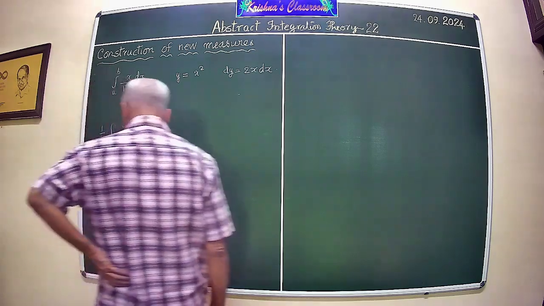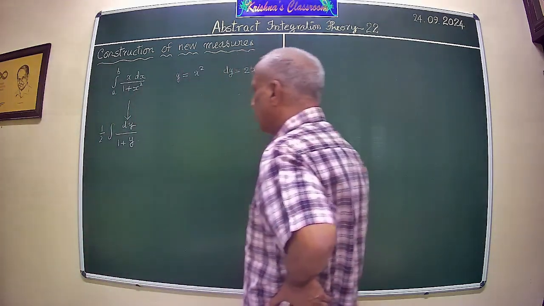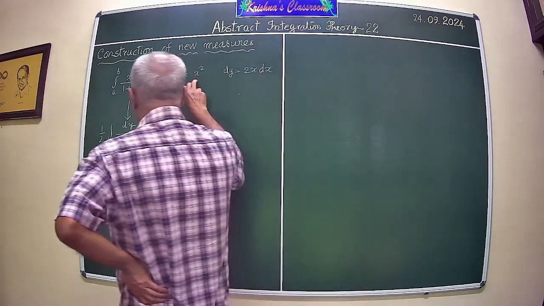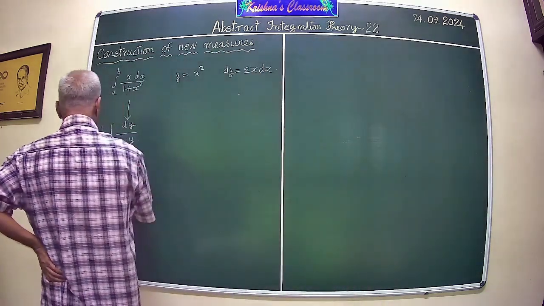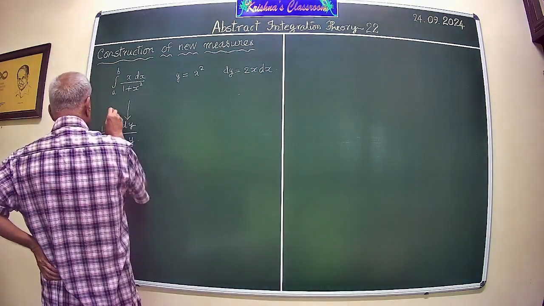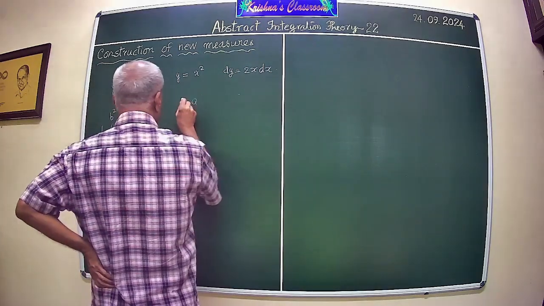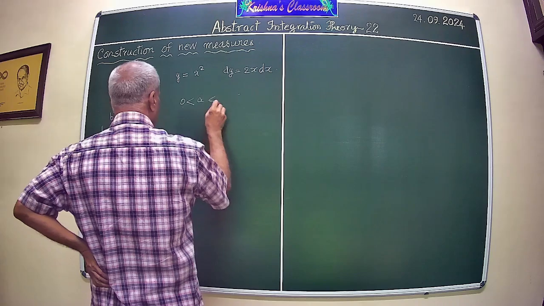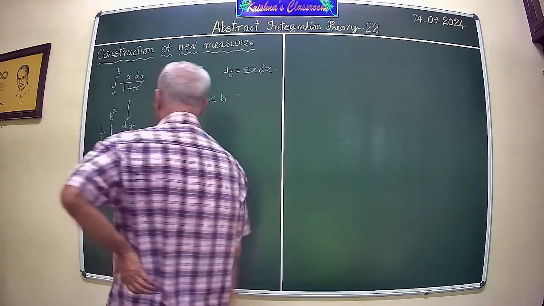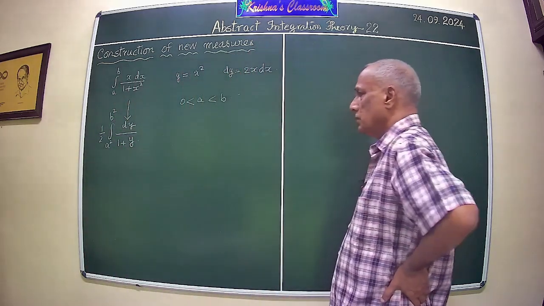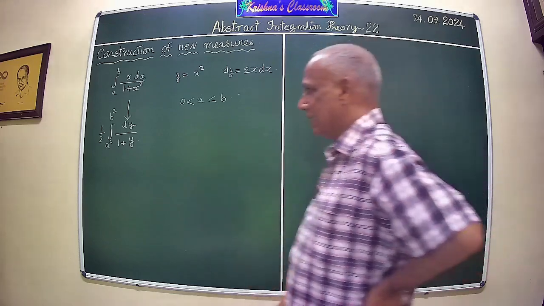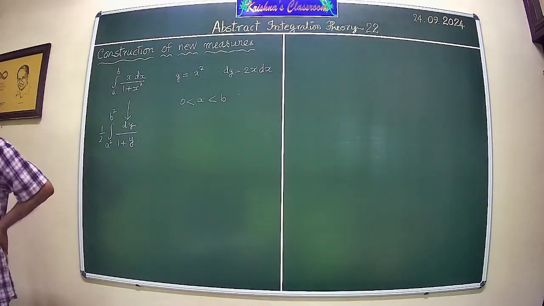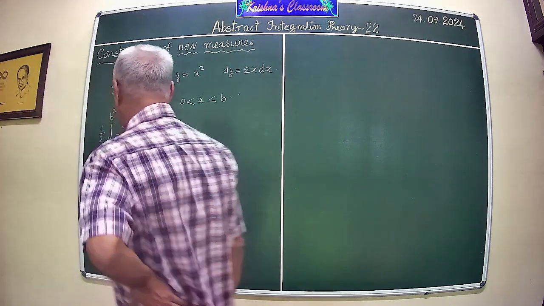Now, the limits of integration for the new variable is from a square to b square. And now this can be easily integrated because it is log of 1 plus y. Then you have an easy way of integrating.